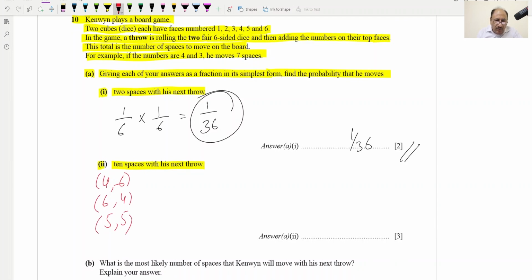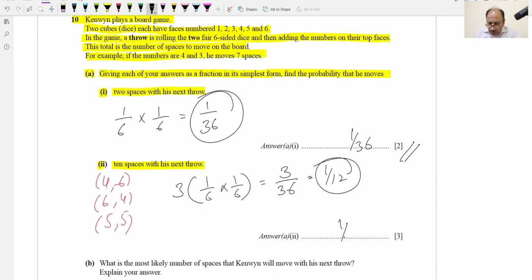For these three options we have 3 multiplied by 1 by 6 into 1 by 6. So for each it will be 1 by 6. So we will be multiplying this. This will be 3 over 36, which we can write as 1 over 12 as a simplified fraction. So it will be 1 over 12. And this is for 3 marks.